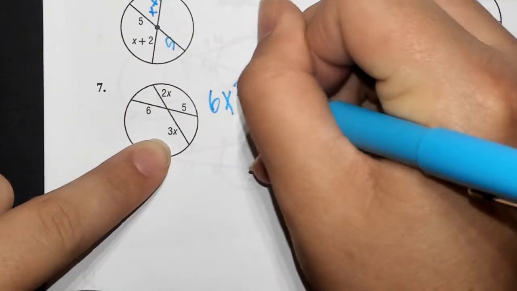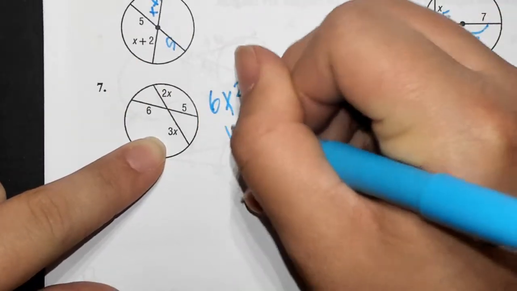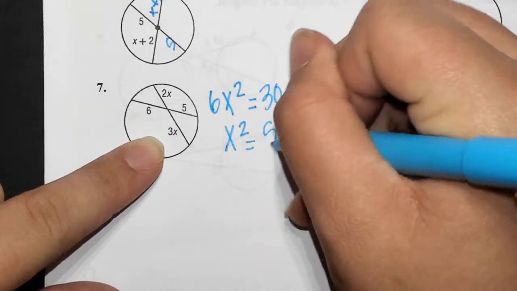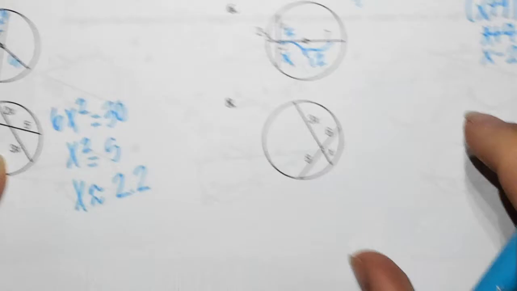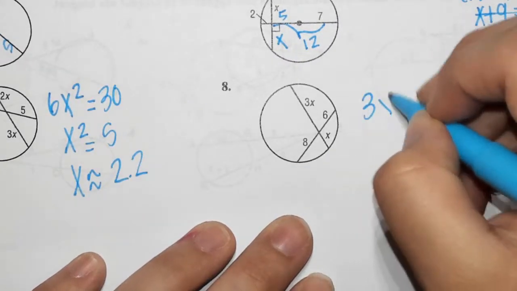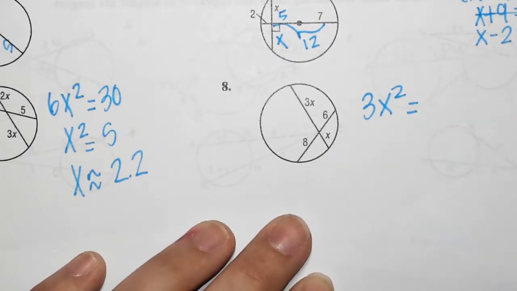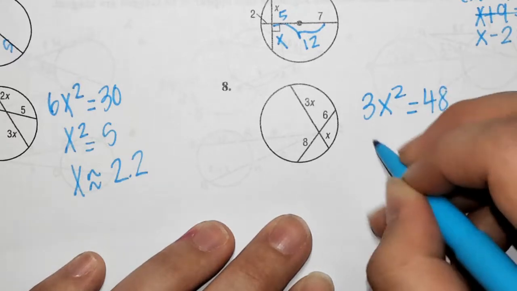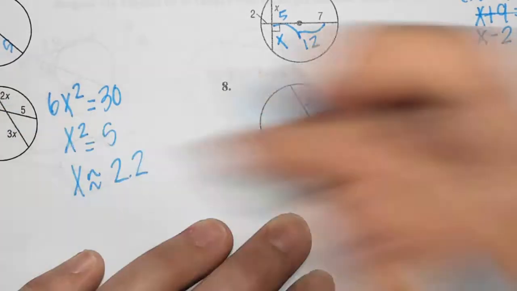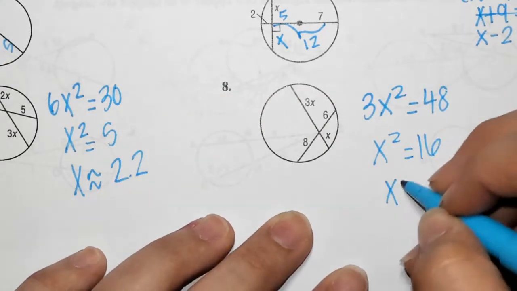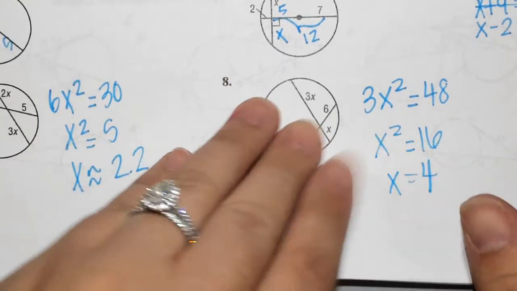X squared equals 30. So x squared is equal to 5. And x was approximately 2.2. Over here you had 3x squared equals 48. X squared is equal to 16. Square root of 16 is 4. Okay?